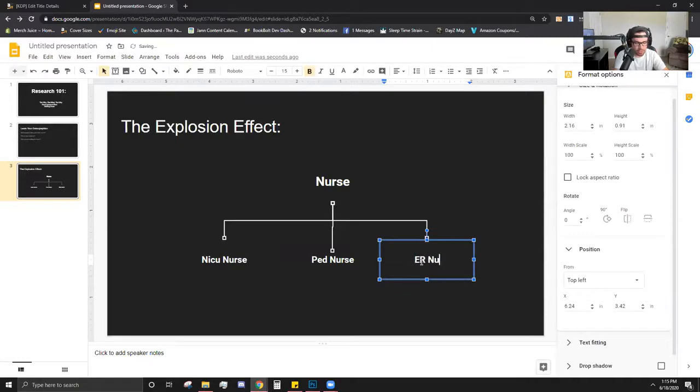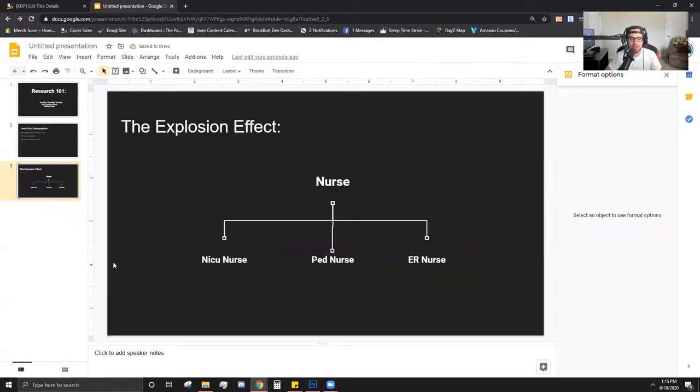Okay, so all 3 of these people, and then nurse as a whole, all of these people do something very, very particular. NICU nurses don't see things ER nurses do. ER nurses see a wide variety of things, from gruesome injuries to sickness and illnesses and heart attacks.